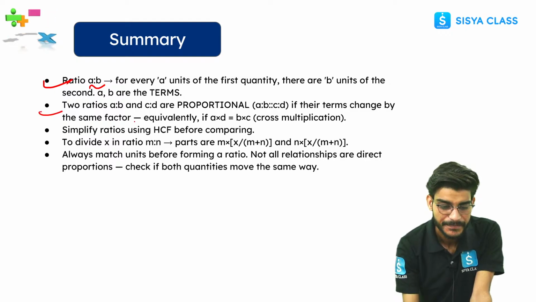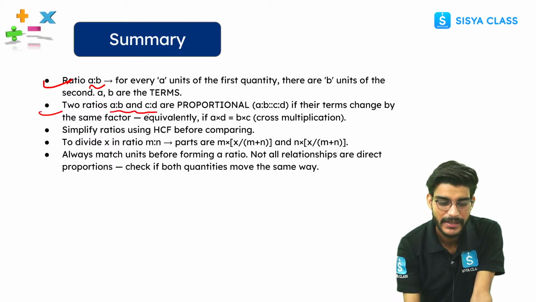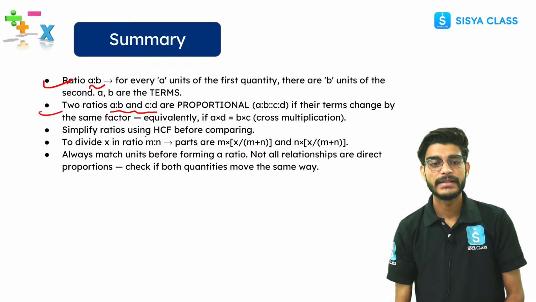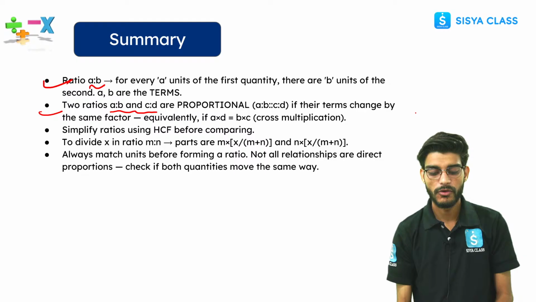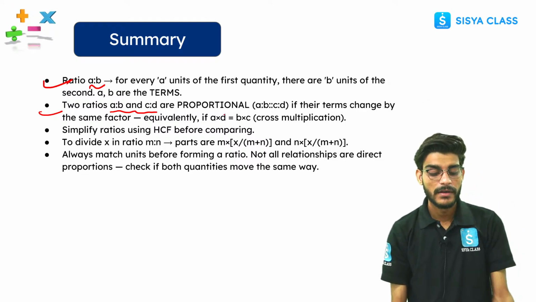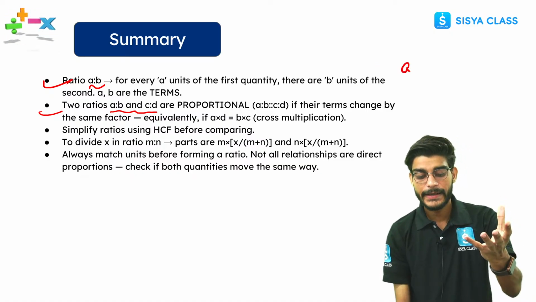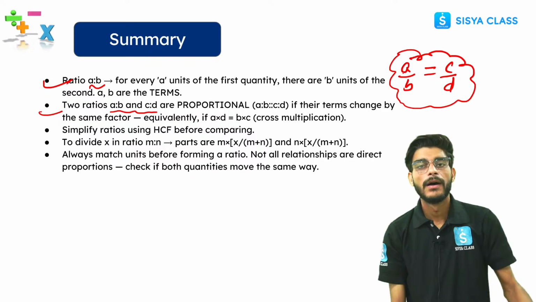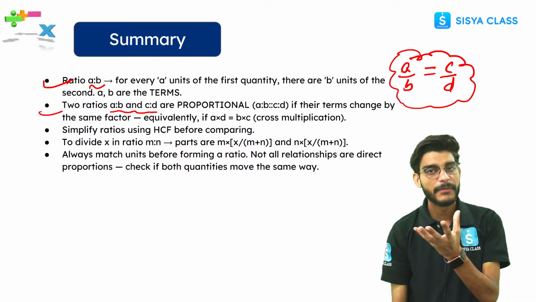The second point is when we say that A, B and C, D are proportional. They are proportional only if they increase directly. We have also learned that A upon B equals C upon D. These are proportional if they can be written in the simplest form and their ratios are the same.